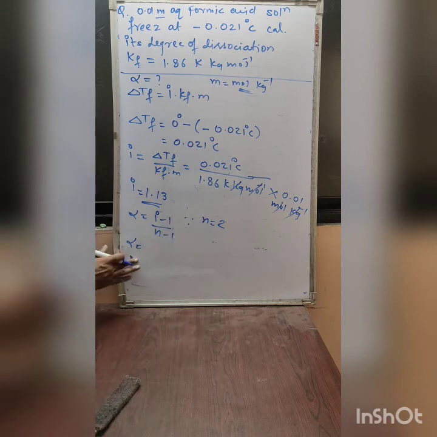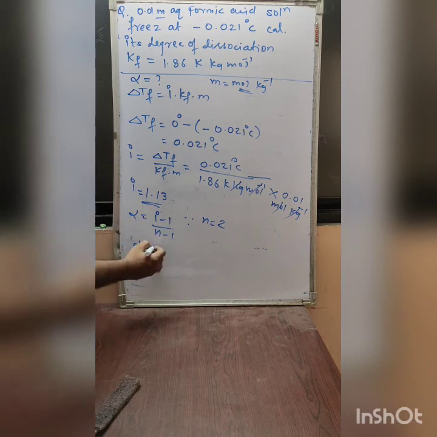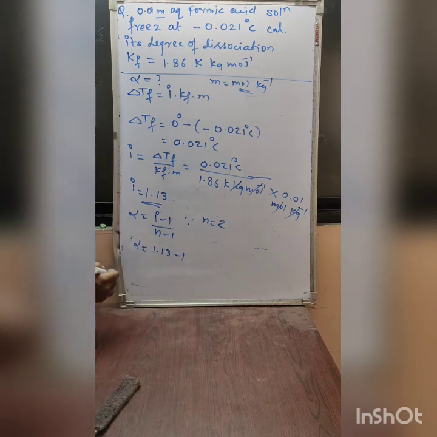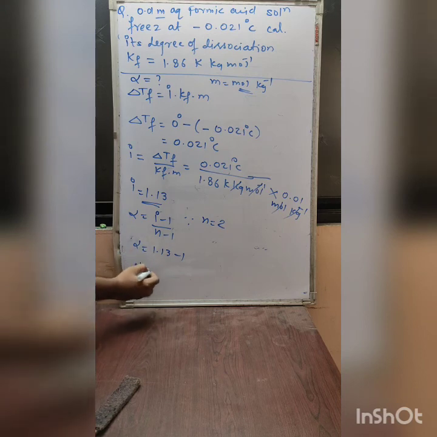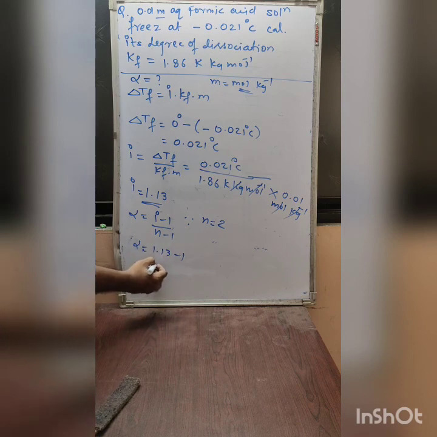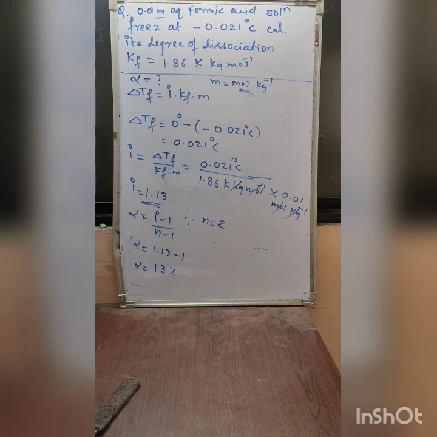So alpha is equal to the I value, 1.13 minus 1, upon 2 minus 1. So alpha we get here is 13%.